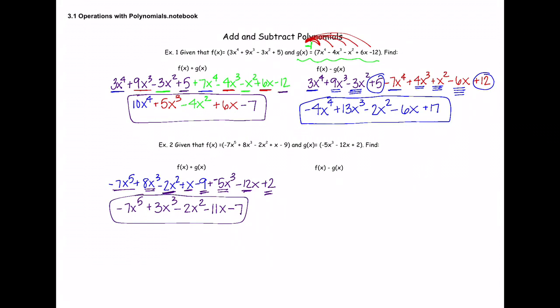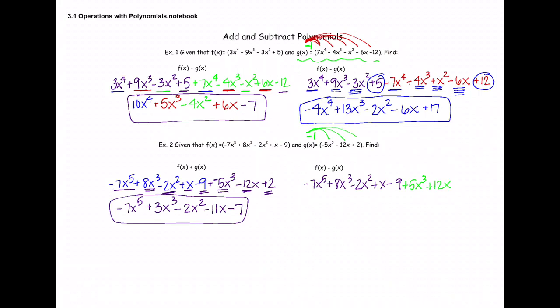When we look at the next function, it said f of x minus g of x, so our f of x function is going to remain the same, negative 7x to the 5th plus 8x cubed minus 2x squared plus x minus 9. We need to distribute our negative 1 to everything in our g of x function, so we get a positive 5x cubed. Negative 1 times negative 12 gives us positive 12x.